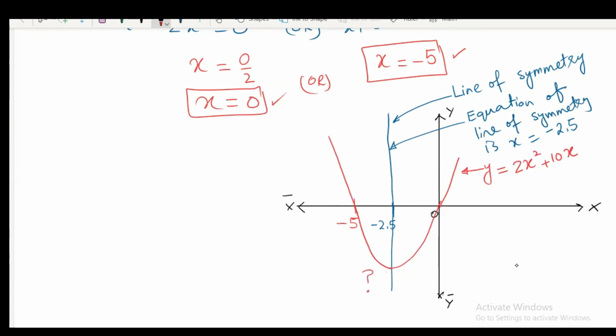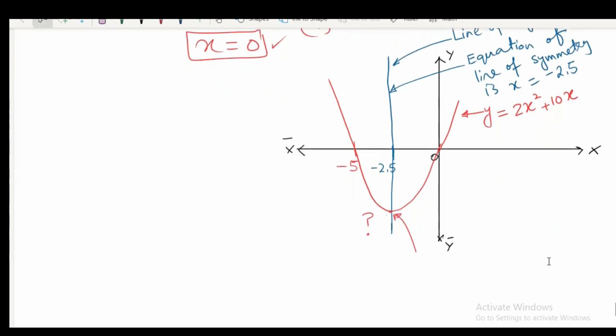Okay, the coordinates of the turning point: we have the x coordinate of the turning point, which is minus 2.5. But what about the y coordinate? For the y coordinate, there is step number 2.